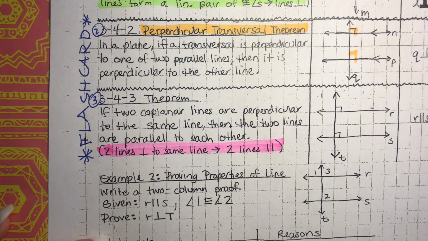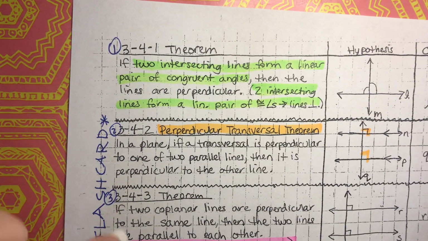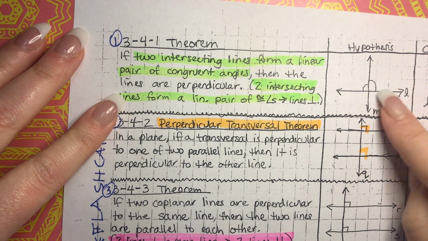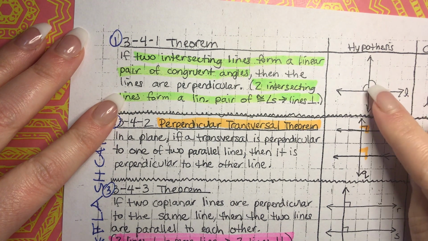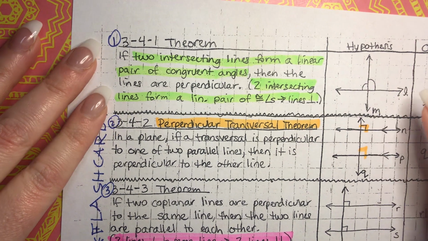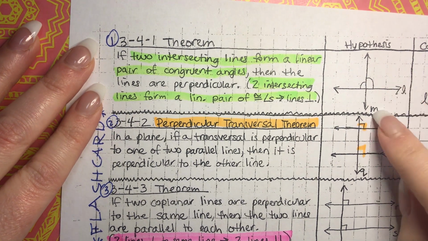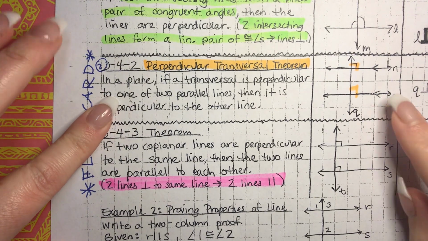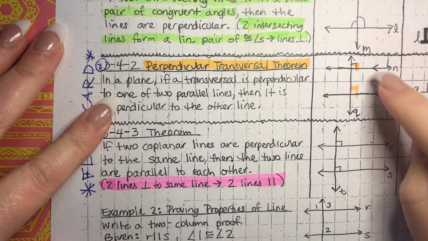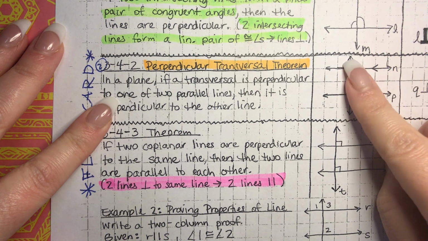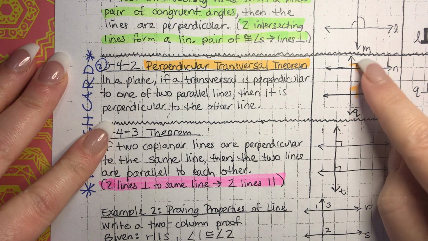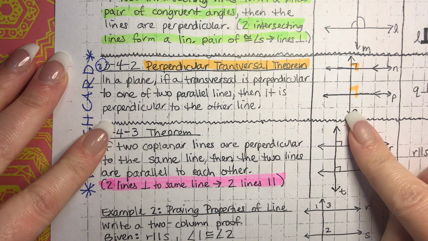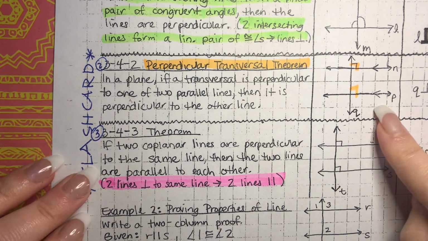Now, we just talked about 1, 2, 3 theorems, right? What was this one? This was, if you have two intersecting lines and they're a linear pair and they're congruent, therefore L is perpendicular to M. We talked about the perpendicular transversal theorem, which basically says if you have parallel lines and one of the lines is perpendicular to the transversal, that means that the transversal is also perpendicular to P. So we can say Q is perpendicular to P, right?